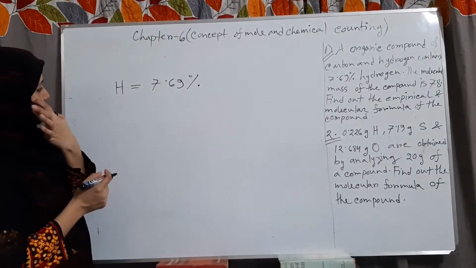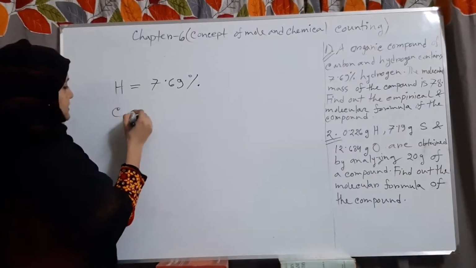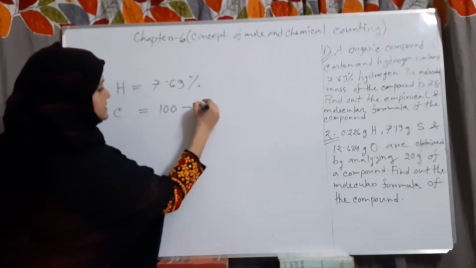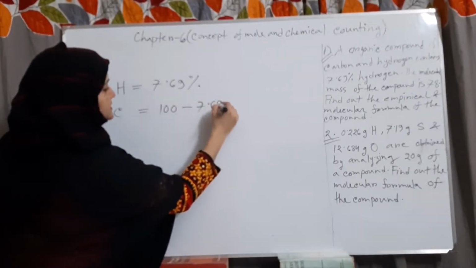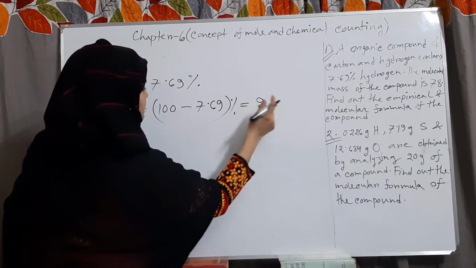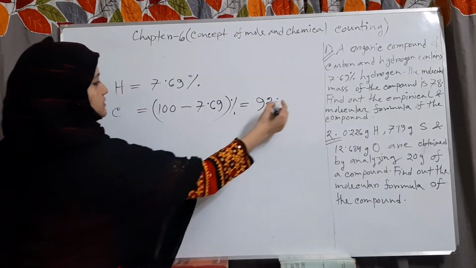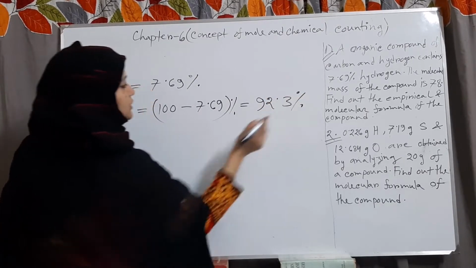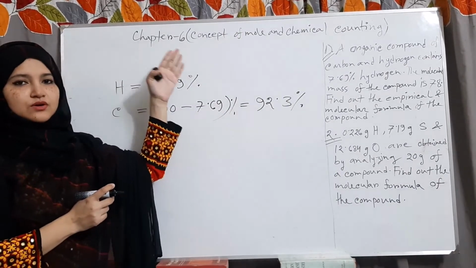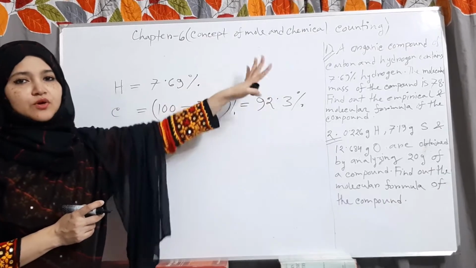That's why if hydrogen is 7.69%, then carbon will be 100 minus 7.69%, and that is 92.3%. Then we get the percentage of both elements present in that compound.